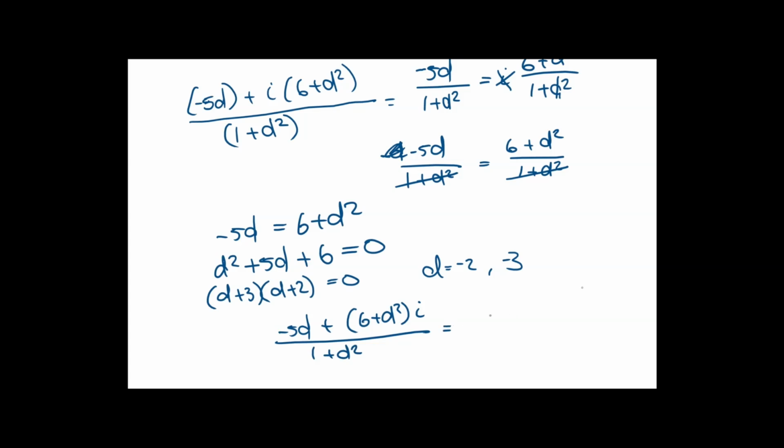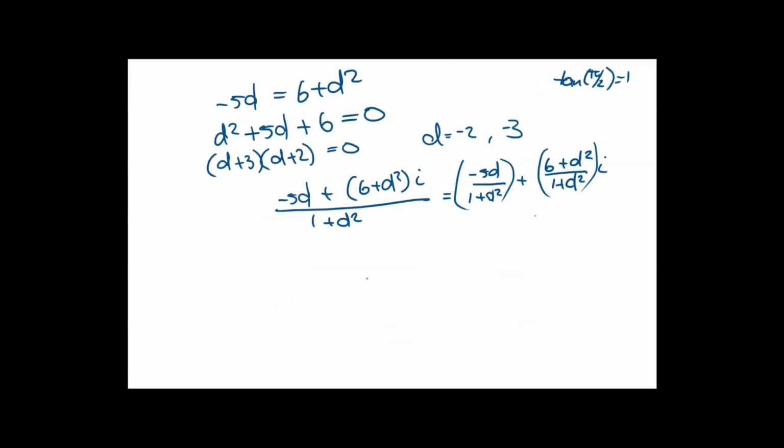It's the same thing: minus 5d over 1 plus d squared plus 6 plus d squared over 1 plus d squared. All right. We know that the real part must equal the imaginary part.